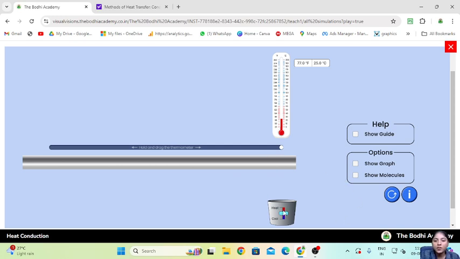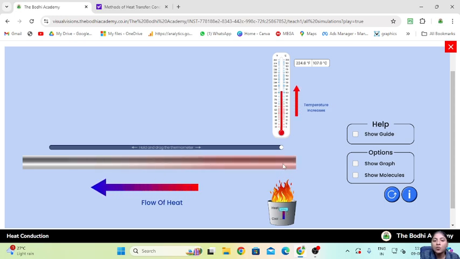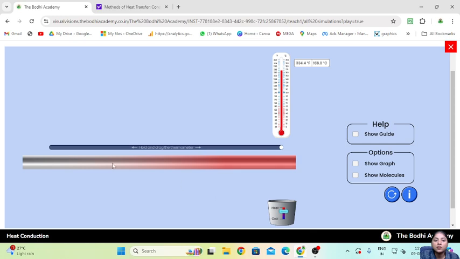So first we will turn on this flame and see how the heat flows from this end to the other end of the rod. See, now that I have turned off the flame, how the temperature is decreasing. I'll do it again.